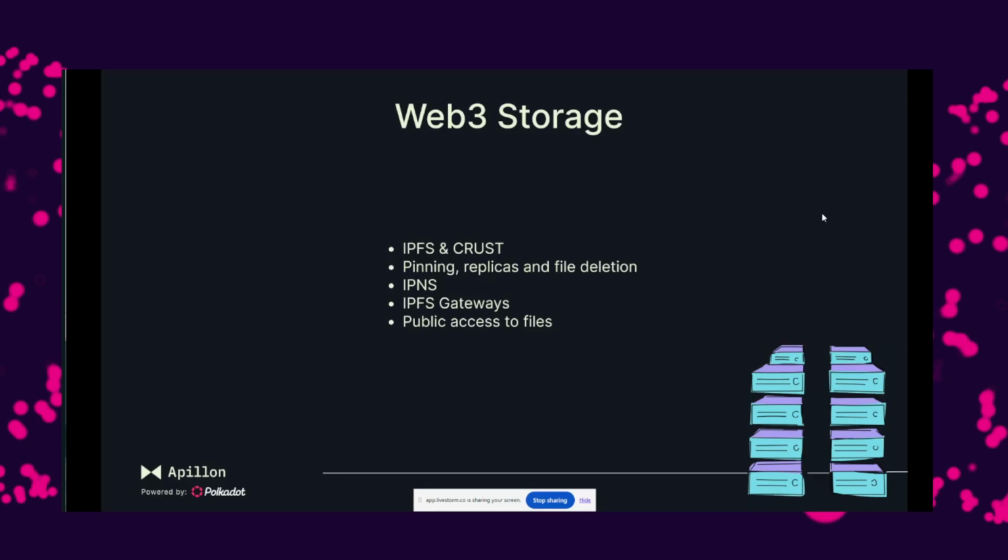We also support IPNS, which is a name service. If you find yourself in a situation where each time you upload you get a new CID, and it breaks your flow in some way, you can create a folder on our decentralized storage, which will trigger IPNS, and you will get a fixed CID.